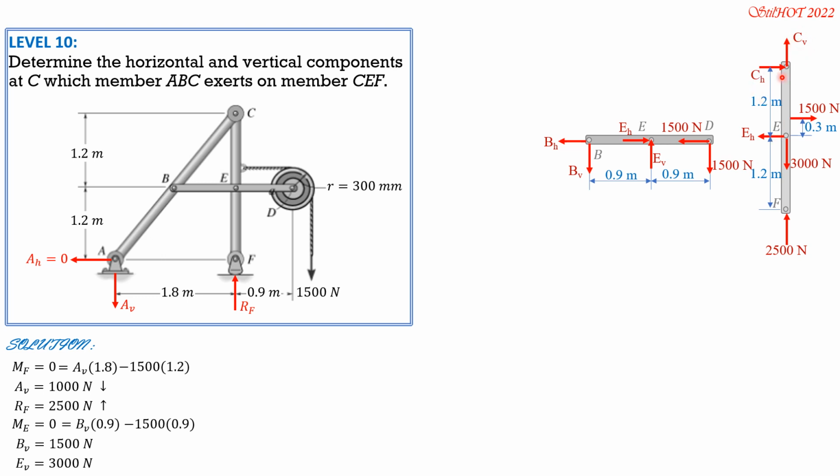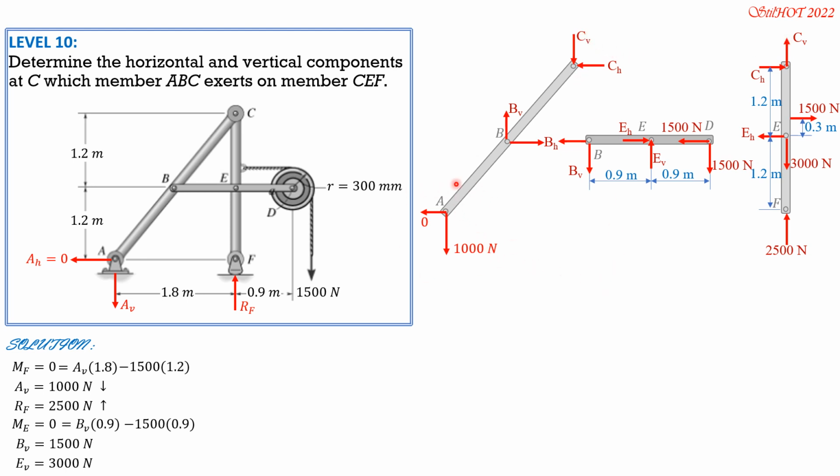Let's solve for CV first. Although we can solve CH first if you want to, but just CV by setting the sum of vertical forces equal to 0 in this free body diagram. This is the free body diagram also of this part of the frame. So BH leftward here, so it's rightward. BV downward, so it's upward here. CH rightward, so leftward here, and CV upward, downward here.